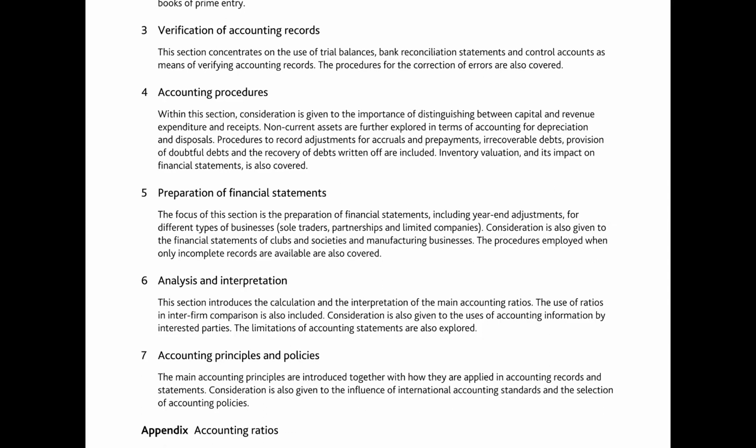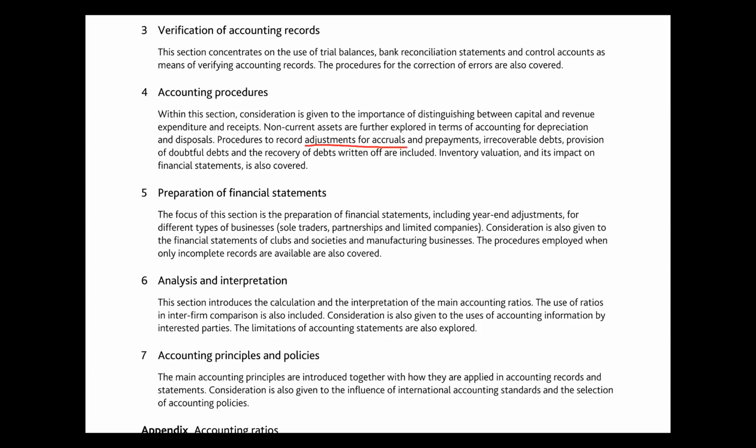By accruals, we mean those expenses or incomes that have already been incurred. According to some concepts, we need to record the transactions for expenses and incomes immediately they are incurred, not when cash moves or when they are paid.